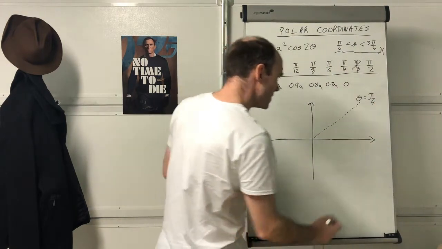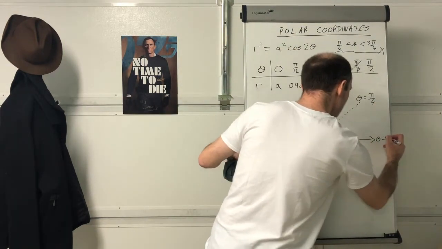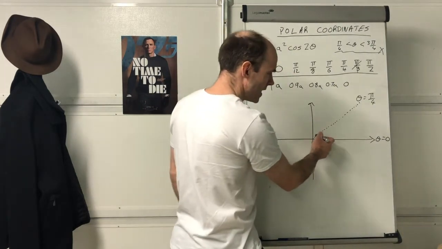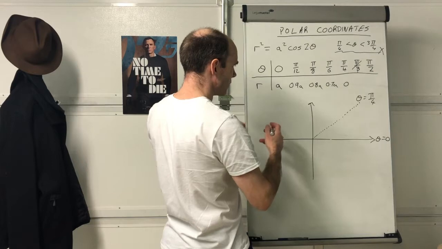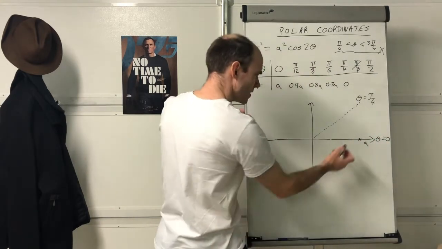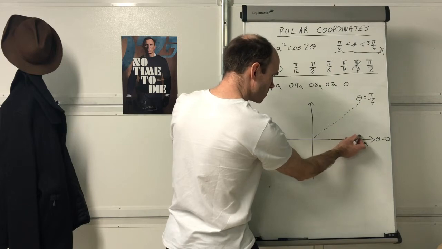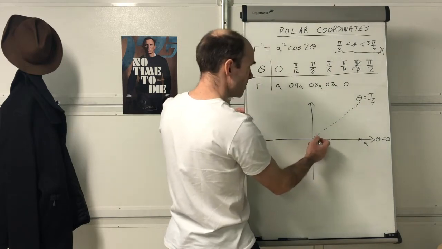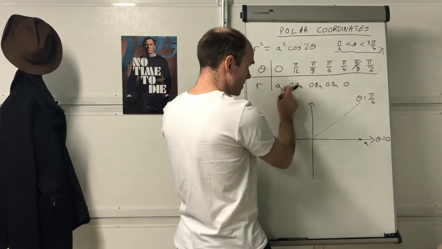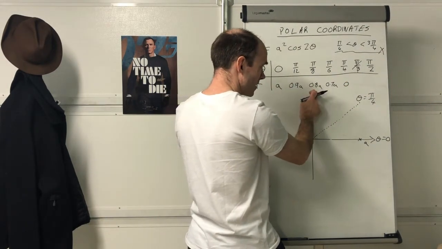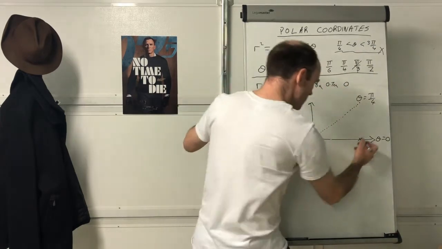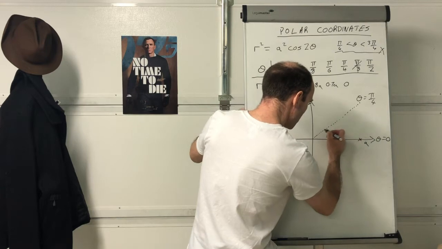So what that means is between, let's put theta as 0 and pi over 4, I've got a curve that goes in here. Okay, it starts off here, a, that's the maximum point, isn't it? Then it's going to spiral inwards to 0, because from here to here goes to 0, and it gets smaller and smaller: a, 0.9a, 0.8a, 0.7a, then suddenly, bam, it spirals inwards.